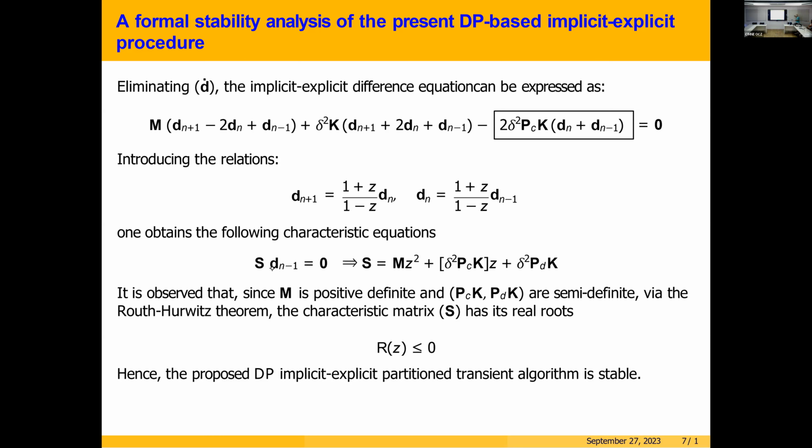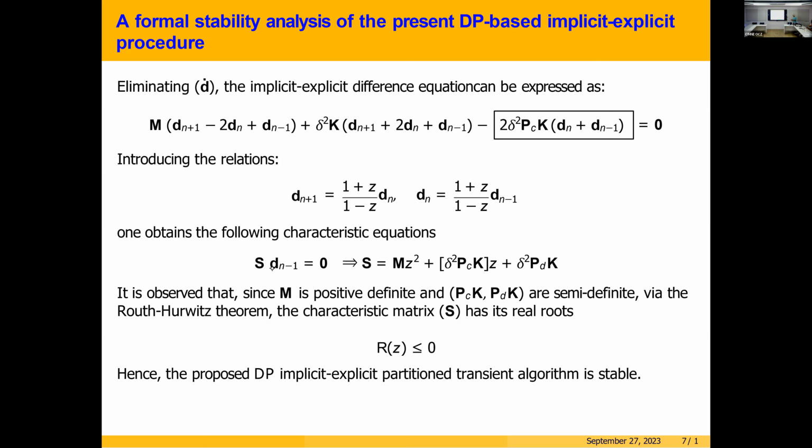Now, so this is 1. So this is a lambda plane. If you map this to the Z plane by lambda equal to (1 plus G) over (1 minus G), the absolute value of lambda less than 1 maps onto the left-hand plane.